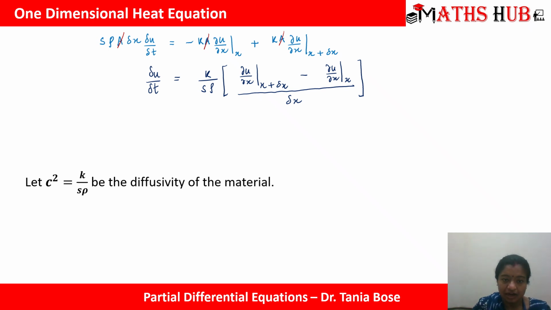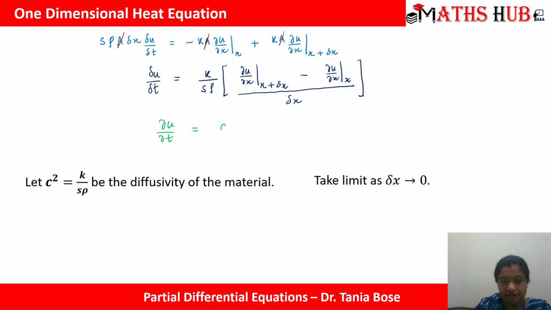Right? Now we can put this equal to constant C square, which is the diffusivity of the material, and we take the limiting case as delta X approaches 0. So as delta X approaches 0, what will happen? This del U by del T will become del U by del T in the limiting case.